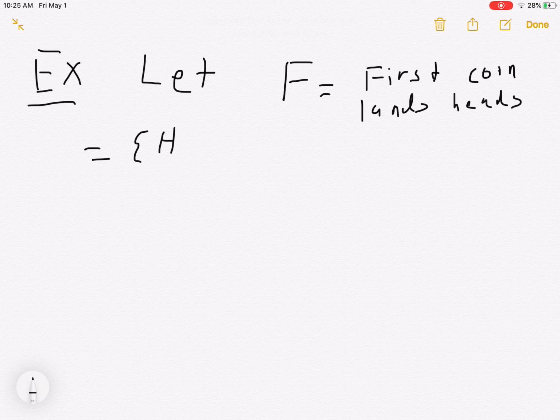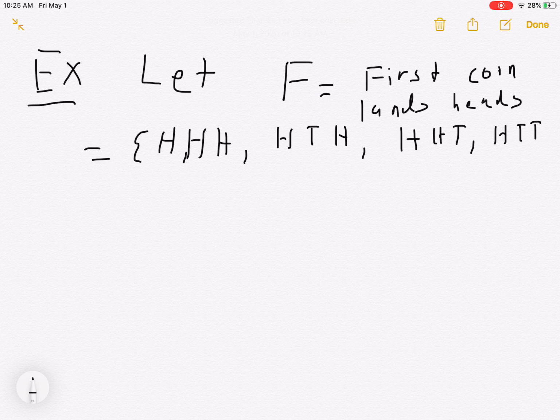F is going to be heads, heads, heads, then heads, tails, heads, then heads, heads, tails, and heads, tails, tails. The first coin has to land heads. Those are the 4 outcomes associated with F.